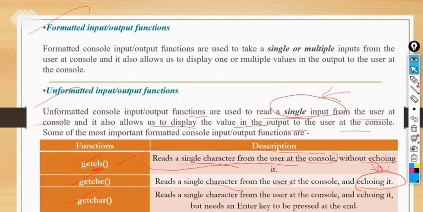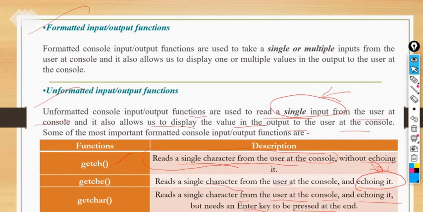Next is getchar. It also reads a character from the user at the console screen and also echoes it, but it needs the enter key to be pressed at the end. Whatever key you press, at the end you have to press the enter key. So this is the difference between these three unformatted input functions.